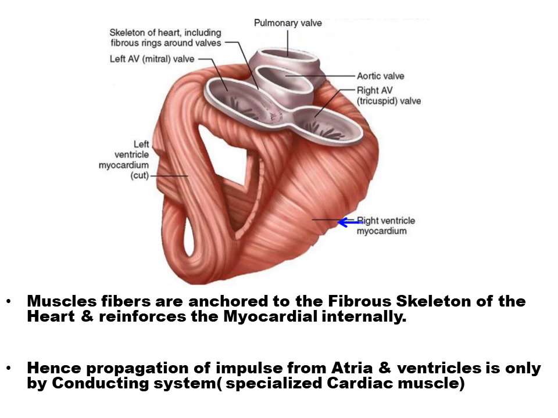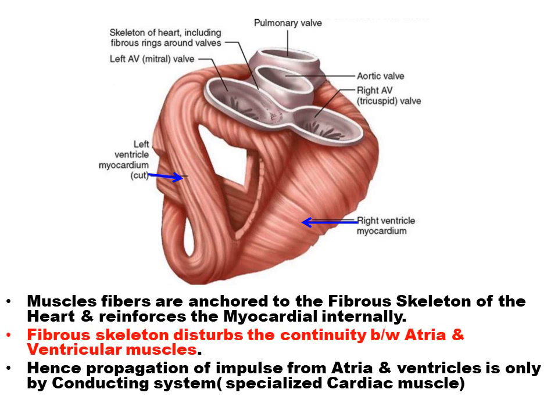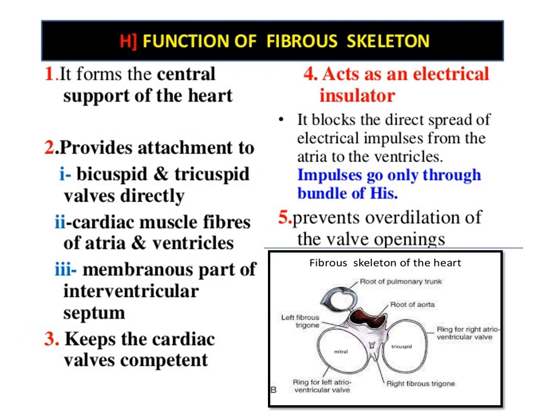The muscular fibers are anchored to the fibrous skeleton of the heart and reinforce the myocardium internally. The fibrous skeleton disturbs the continuity between the atrial and the ventricular musculature. Hence, propagation of the impulses from atria to ventricles is only by the conducting system, which is a specialized cardiac musculature. So, function of the fibrous skeleton, it forms the central support to the heart.